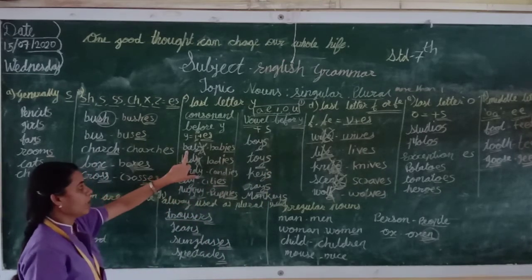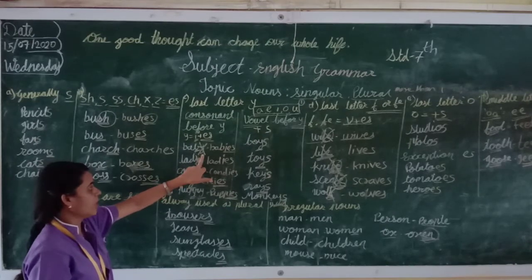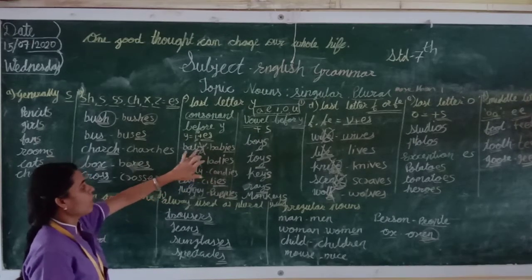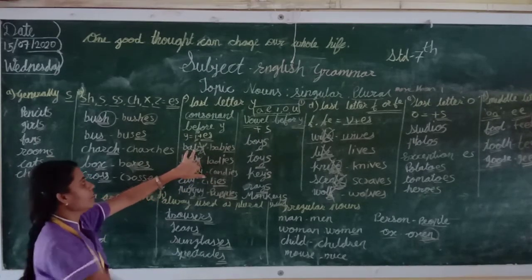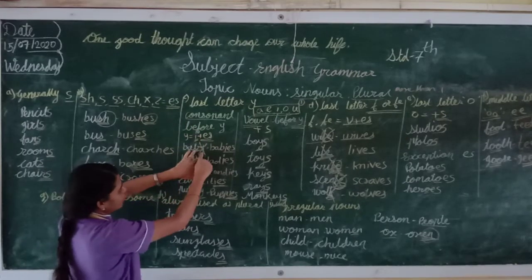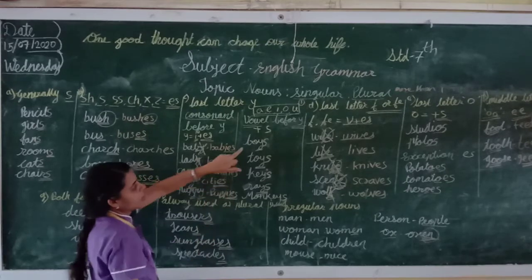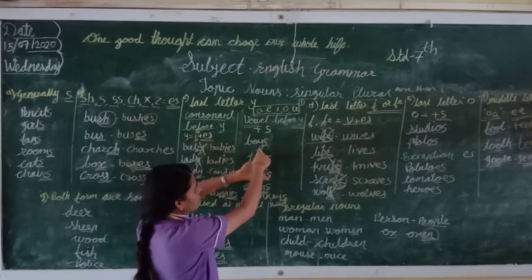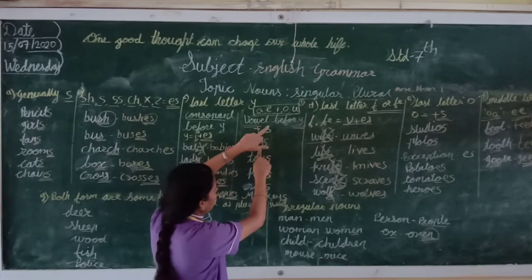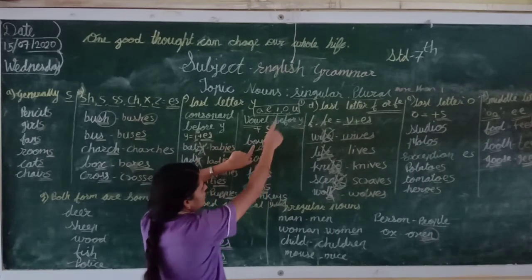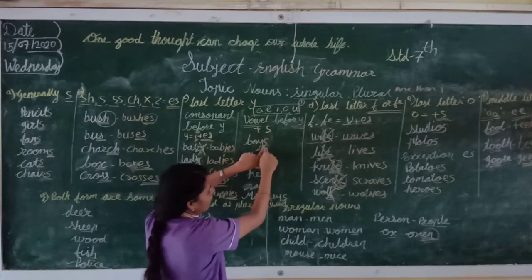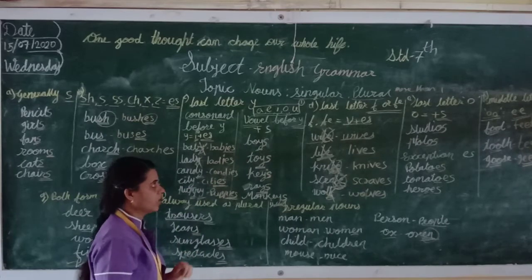For example, baby. Last letter is Y. Before Y is B, a consonant. So that's why we convert Y into I, then join ES. Boy. Last letter is Y, but before Y there is a vowel. O is a vowel. So we just join S. I hope students you understood.